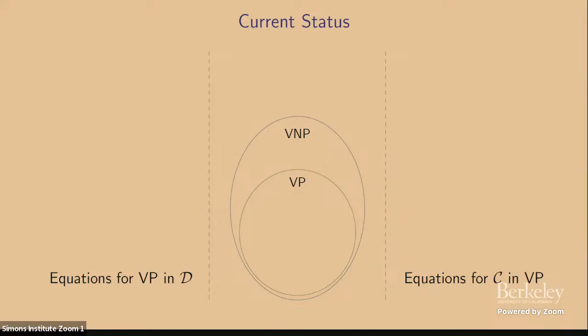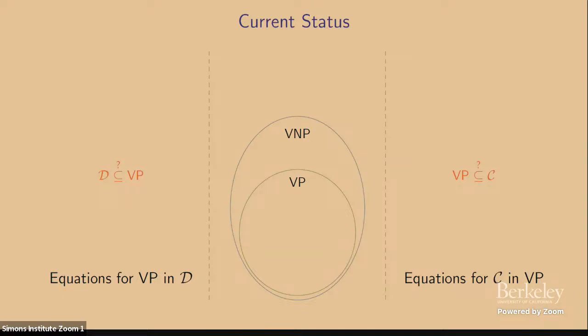So we'll put D, for which D has VP natural proofs, against VP on the left side. This is what you want to answer: if D is contained in VP, do you have VP natural proofs for VP?